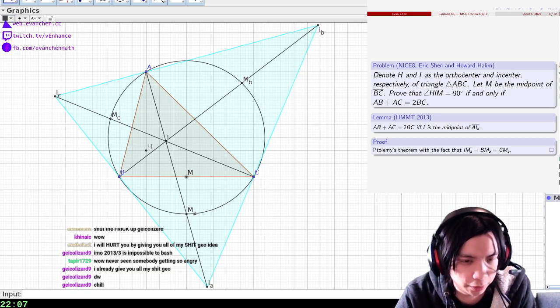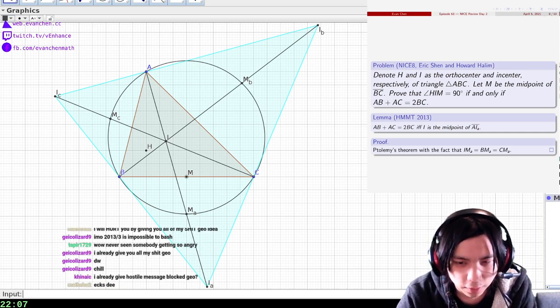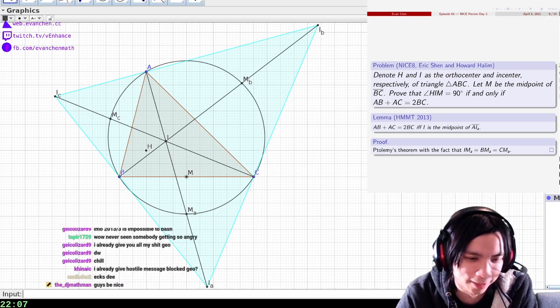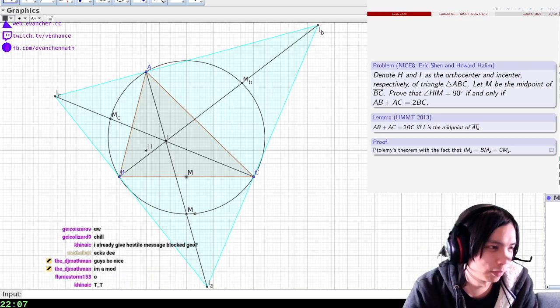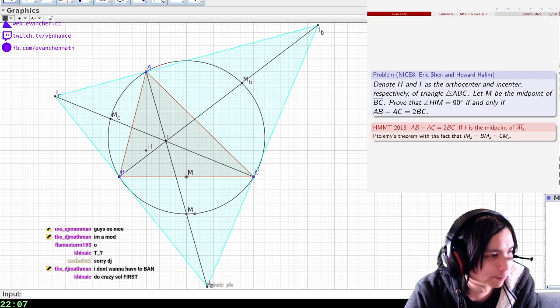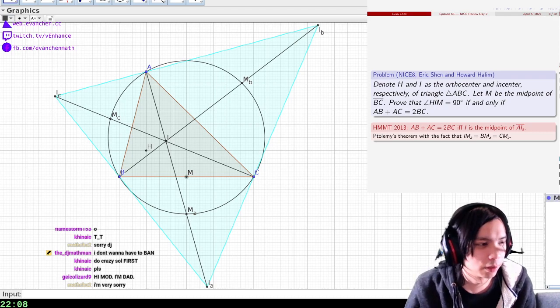So at this point, if you don't like geometry, you have a way out already. Because what you can do is use any coordinate system. I think the one I have in my head is, oh crap, now I wish I had my iPad out.